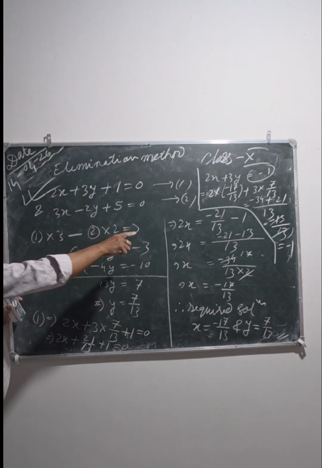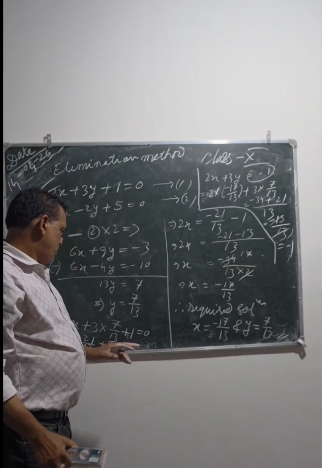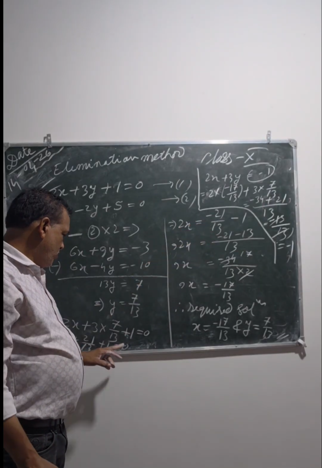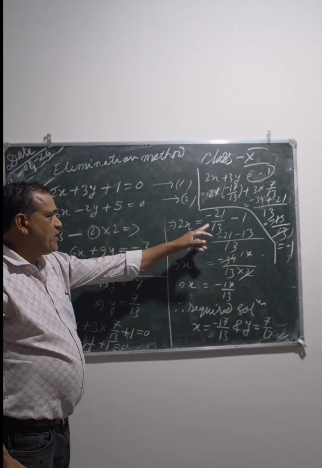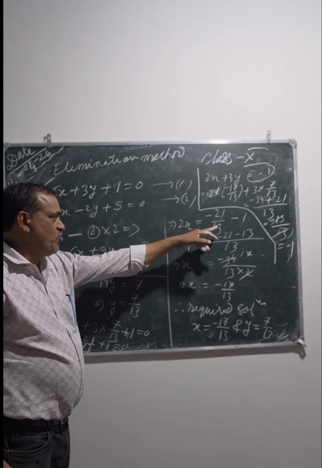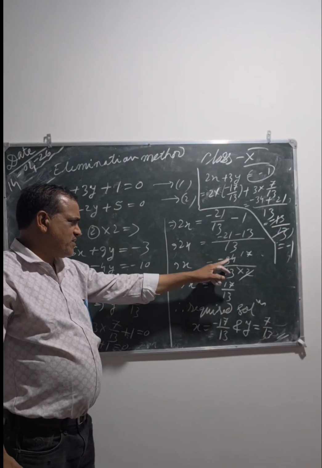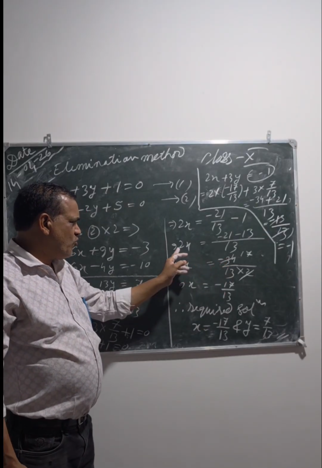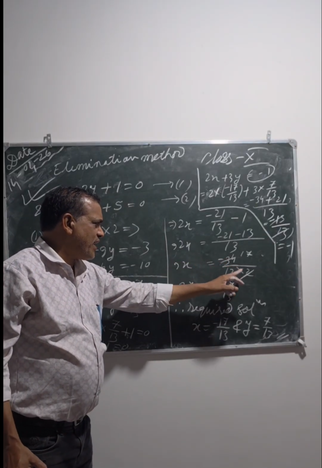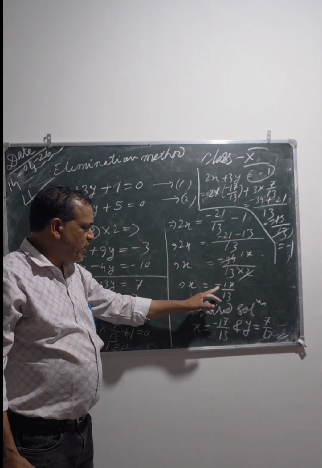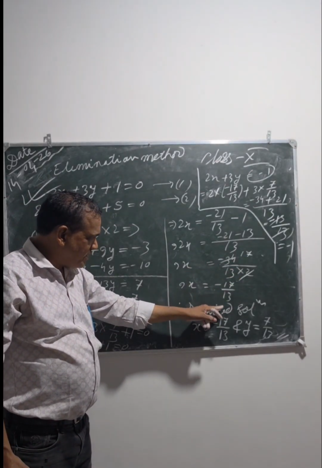Then twice x equal to, when it goes to the right side, minus 1. Take the LCM 13, so minus 21, then minus 13. Finally it will be minus 34 by 13, and 2 and 34 we can cut. Finally the value of x will be minus 17 by 13.